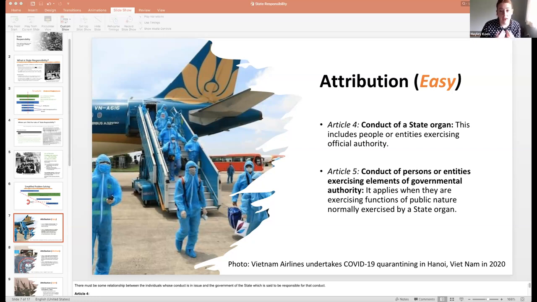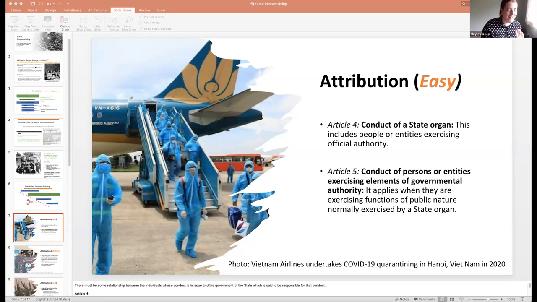That was all done by their staff on Vietnam Airlines planes, when it would normally have been done by biosecurity workers on the ground in the airports. The state gave them a bit of money to help recoup their costs. So that was a government function being given away. You see this often with private security companies, airlines, shipping companies, that kind of thing. It's very clear when an activity is normally done by a government.